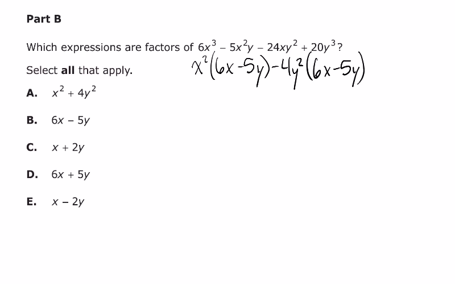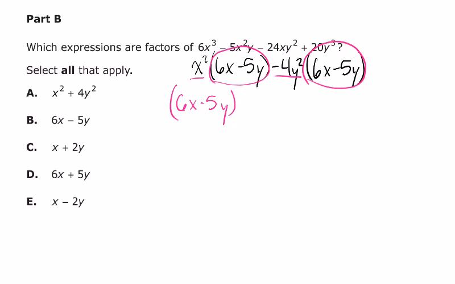Alright. Okay, and then like I said, we did this on the last step as well, but this is the answer for part A, which was answer D. But now we have a common factor here, and we're going to bring that to the front. So we're going to write 6x minus 5y in the front, and then our leftovers are x squared minus 4y squared.